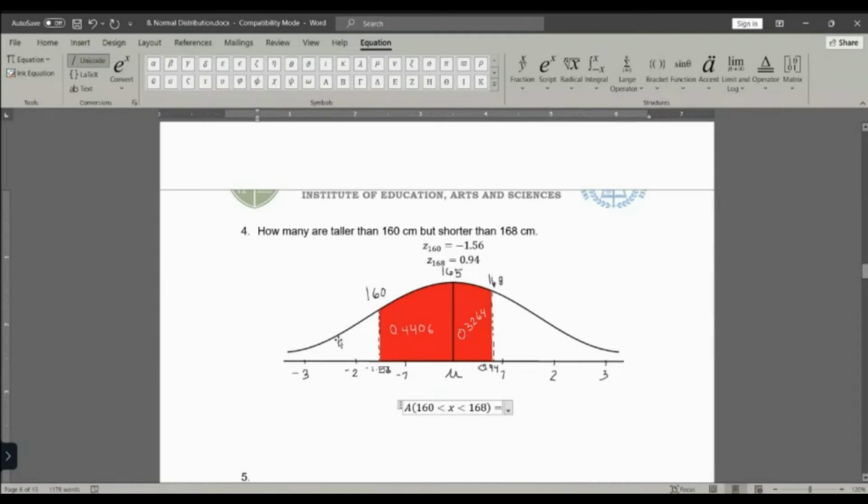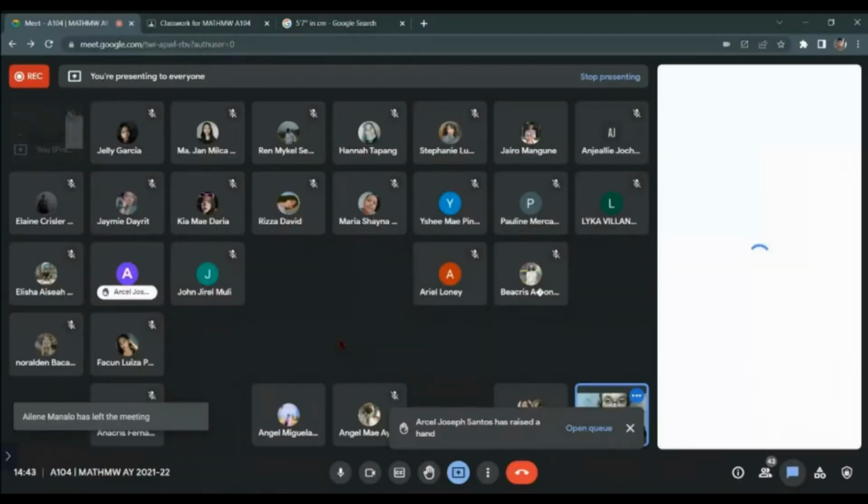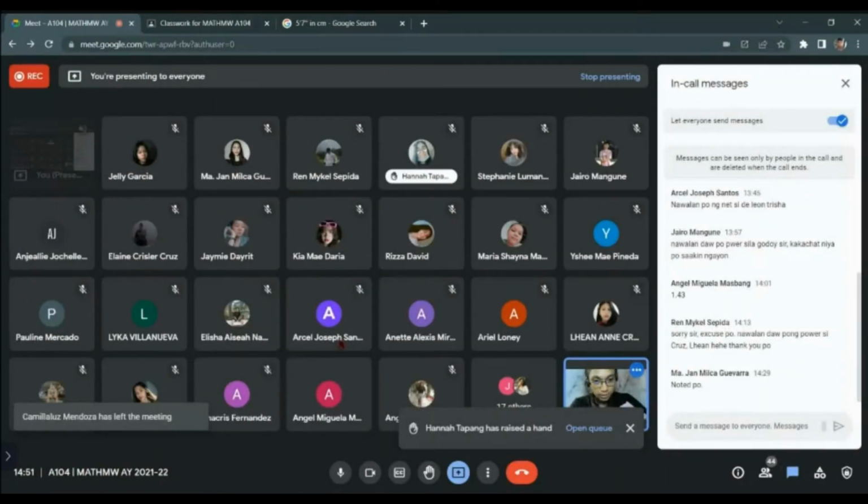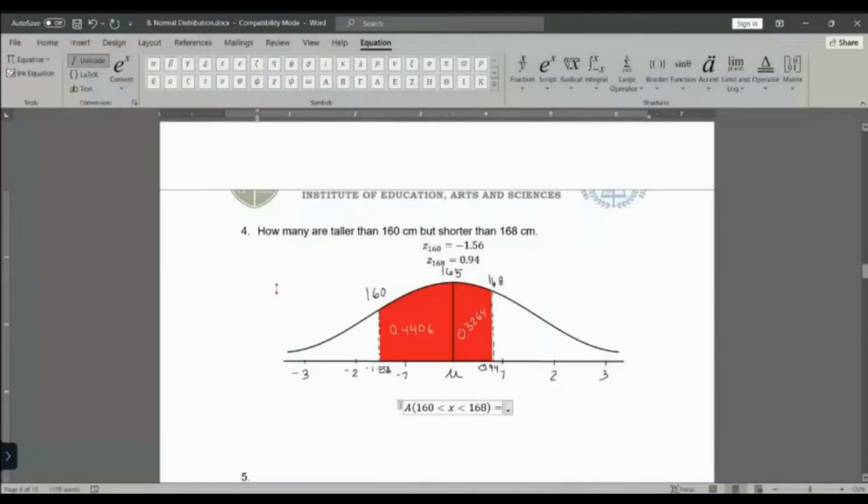So same question. How we may possibly solve for the area of the shaded region. Add both areas lang po. Okay, all we have to do is to add the two areas, 0.4406 and 0.3264.